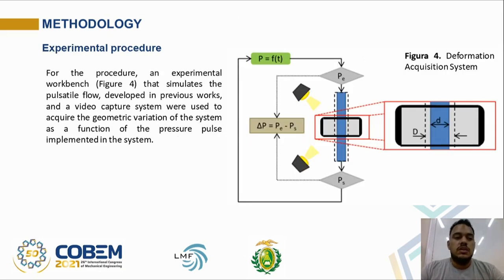Experimental procedure. For the procedure, an experimental workbench, Figure 4, that simulates the pulsatile flow, developed in previous works, and a video capture system were used to measure the geometric variation of the system as a function of the pressure pulse implemented in the system.